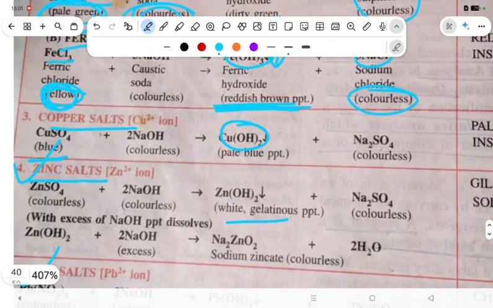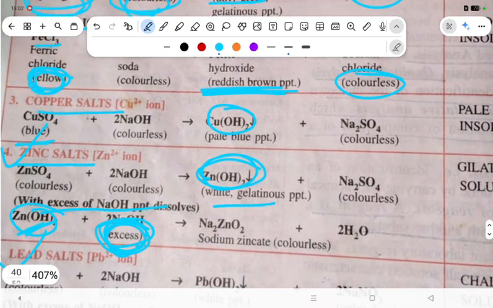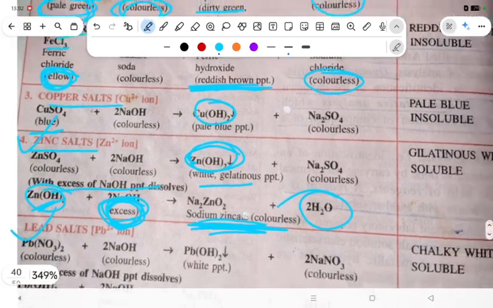So with excess, Zn(OH)2 is the reactant plus 2NaOH excess. You have to write excess in brackets in the exam. It will form Na2ZnO2, sodium zincate, colorless, plus water.